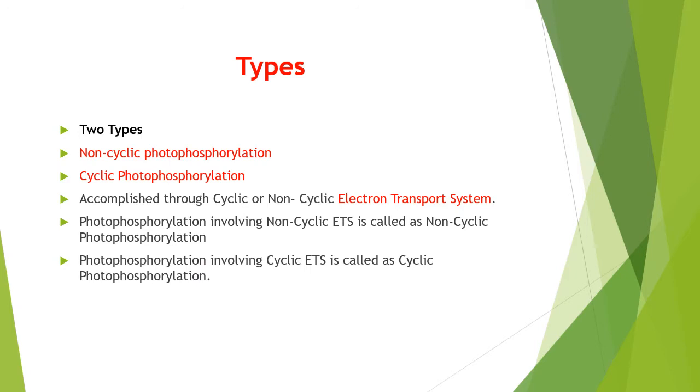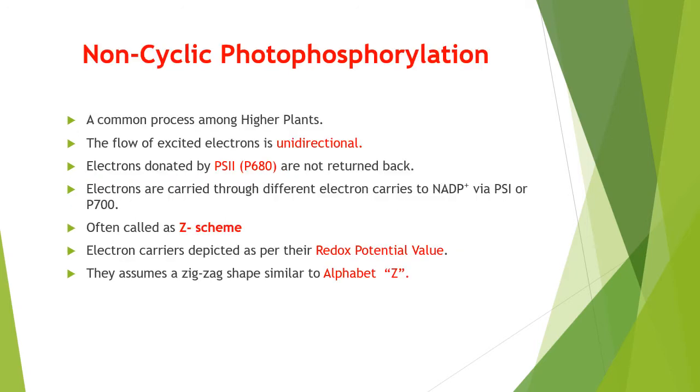So first of all, we'll have to discuss the mechanism of non-cyclic photophosphorylation. It is a common process among higher plants. And as I said, the flow of excited electrons is unidirectional.